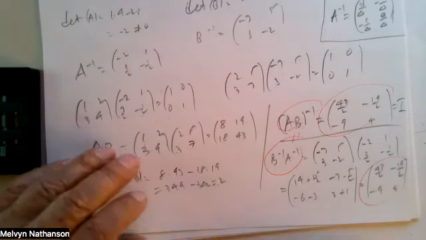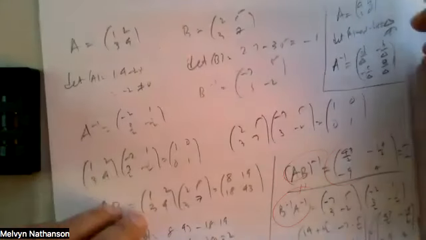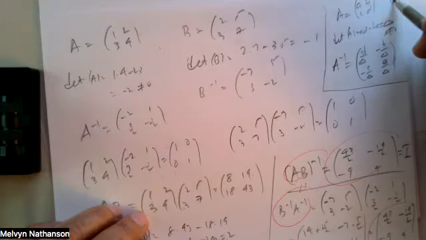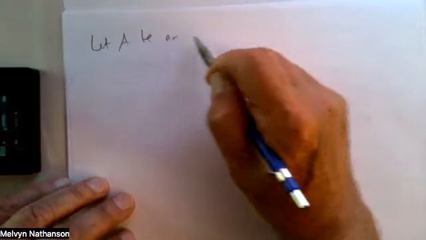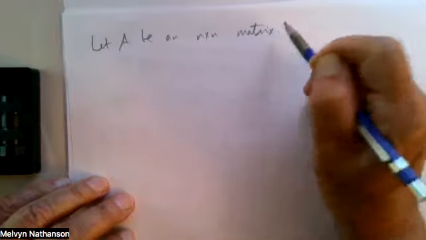Now, there's a nice connection between reduced row echelon matrices and invertible matrices. And you can see it like this. Say that A is an n by n matrix.